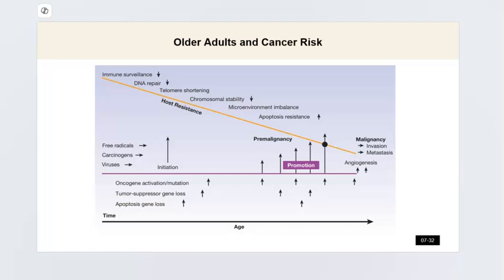There's also a theory that the gradual decline in the thymic output of T cells may be another aspect of the aging process that can aid the development of cancers through immunosenescence.